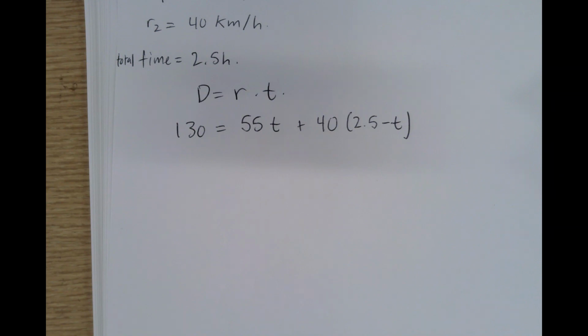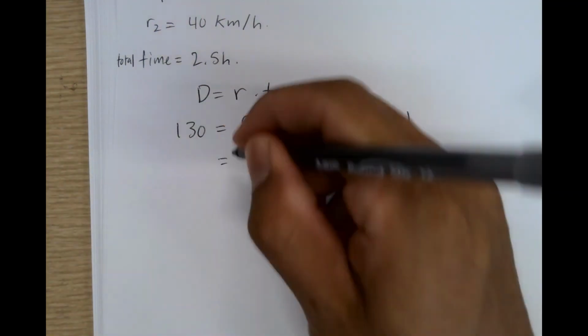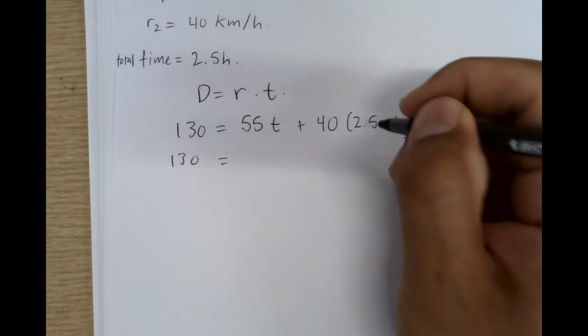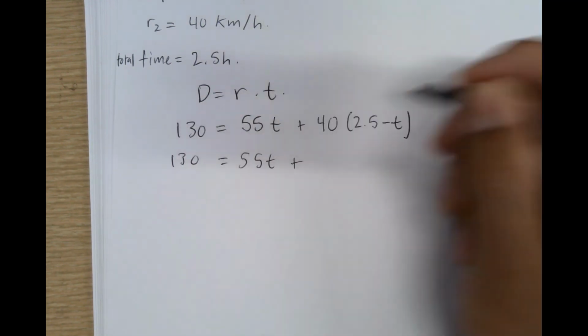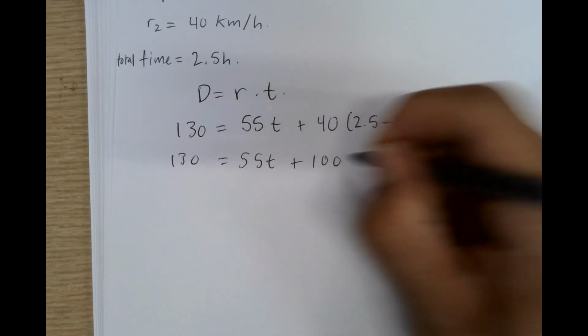So again, the distance is equal to both the distances added together. Here we have 55t plus 40 times (2.5 minus t), and this would be equal to 100 minus 40t.